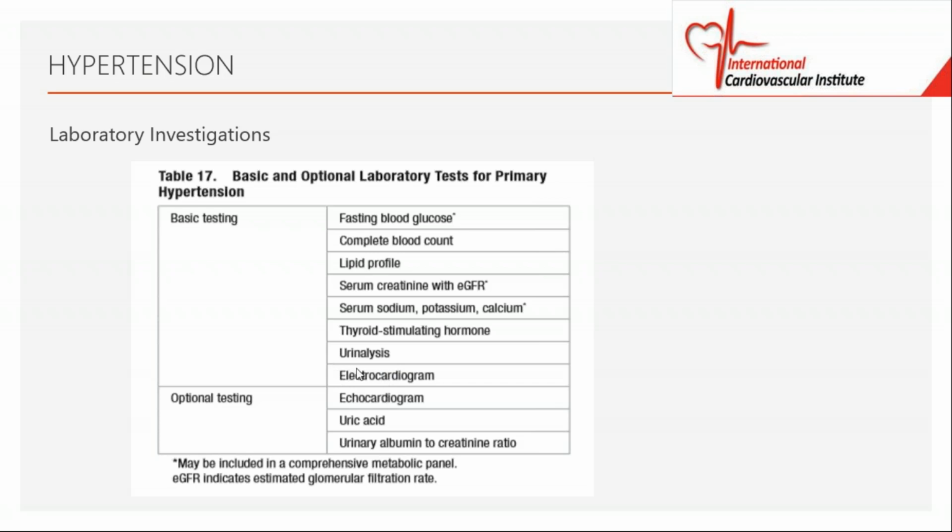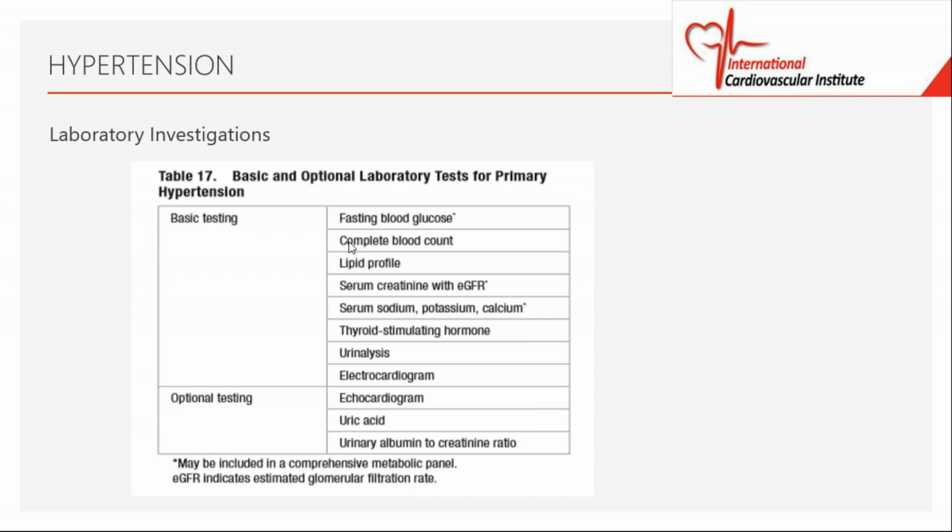You want to make sure if there is target organ damage, which would manifest itself like LVH. You want to get your echo, look at the ejection fraction, look at wall thickness, uric acid, and you want to get urinary albumin and creatinine, and look at the ratio. So these are some basic tests for common primary hypertension. We used to call this essential hypertension.